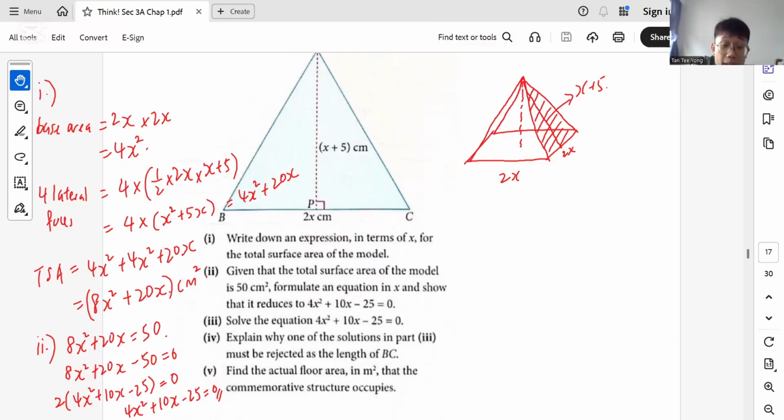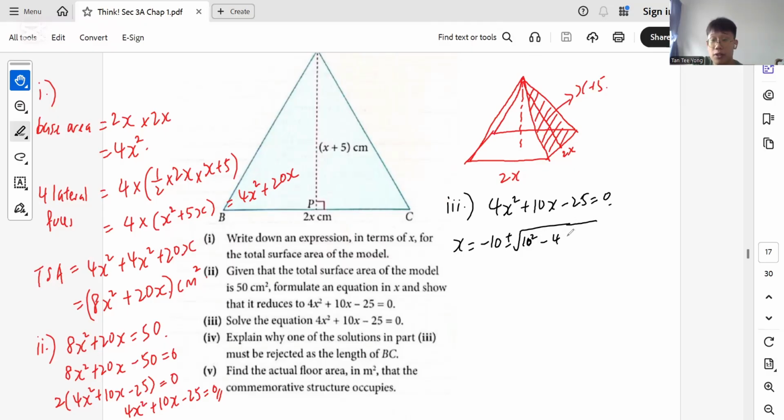Part 3. They ask us to solve. Very simple, you can use any method you want. In this case, I will use the quadratic formula. So 4x squared plus 10x minus 25 equals 0. So x equals negative b plus minus square root of b squared, 10 squared, minus 4ac, over 2a.